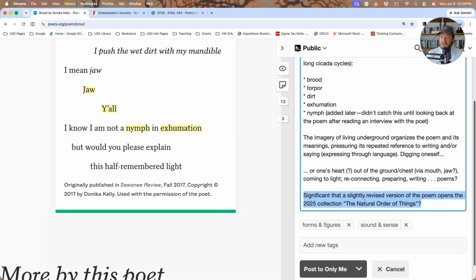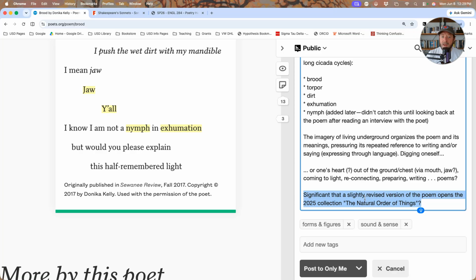It's positioned not just first, but as a prologue or preface or introductory poem to the collection, The Natural Order of Things. I think that positioning also amplifies how I'm thinking about it as an opening up of a new and recent collection.